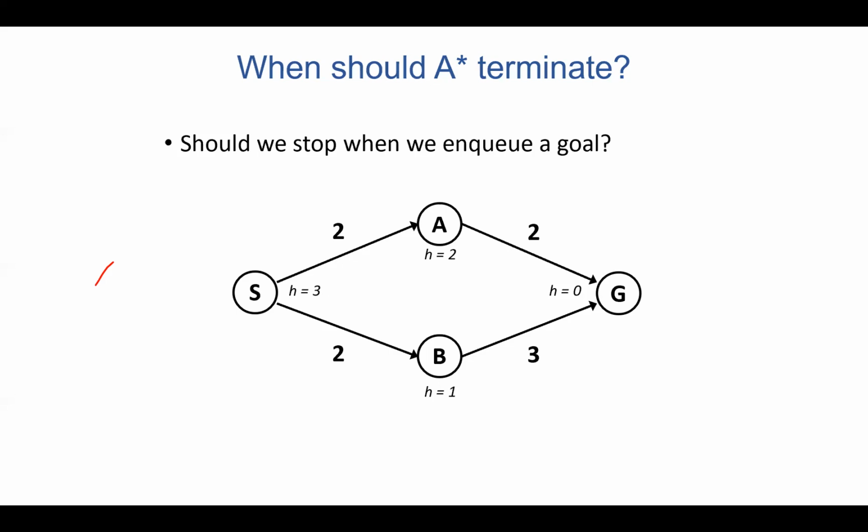One very important question in all the algorithms that you're going to implement: when should your algorithm terminate? You have a fringe, which is a data structure. You're pushing nodes in it, and you're popping them out, right? When you push them in, that means you're creating the tree.